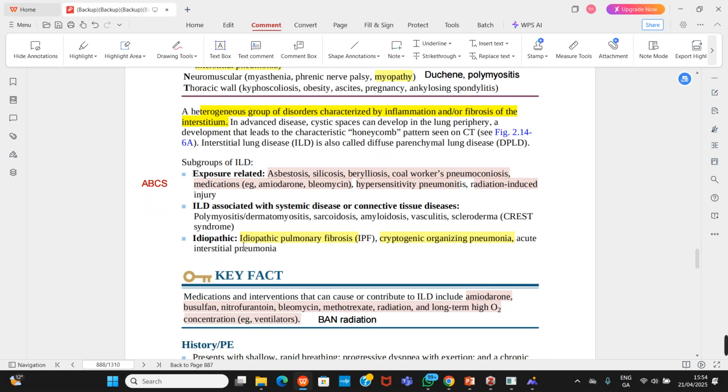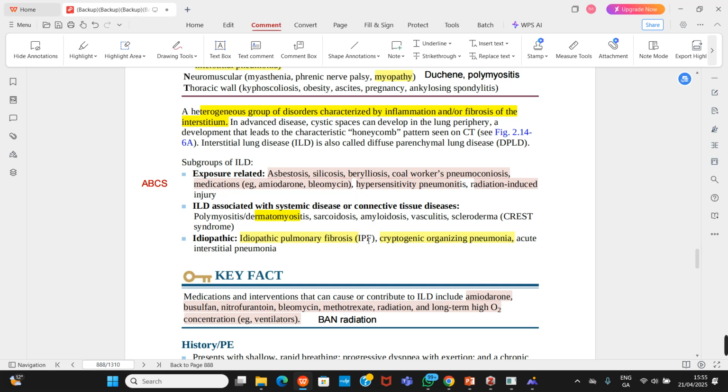It can be categorized into three groups. The first one is the idiopathic one. We don't know the cause. So we have idiopathic pulmonary fibrosis, we have cryptogenic organizing pneumonia. These two fall under the idiopathic cause of ILD. And we have the ones associated with systemic disease or connective tissue disease, like polymyositis, dermatomyositis, sarcoidosis, amyloidosis.